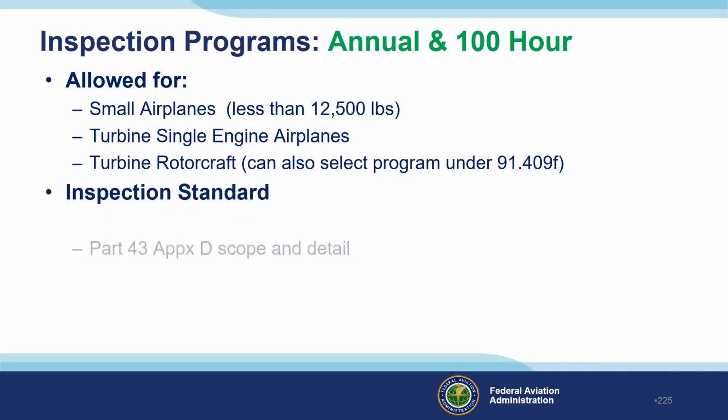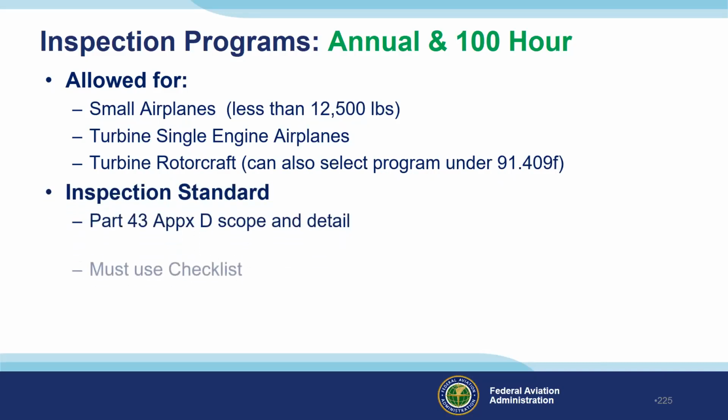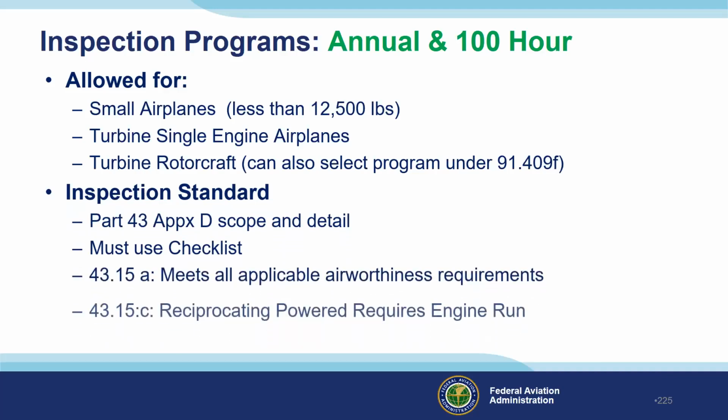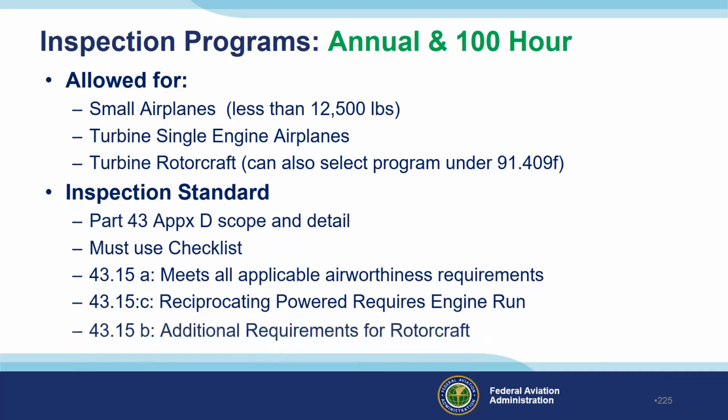The standard for inspections, as we talked about earlier, Part 43, Appendix D, shows us the scope in detail. We must use a checklist. Doesn't say what kind of checklist, but some kind of a checklist. And then we looked at those performance rules for inspections. Those are the standards or the quality that we have to achieve.